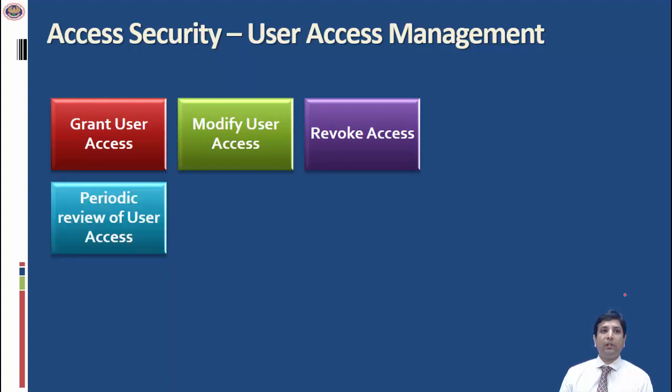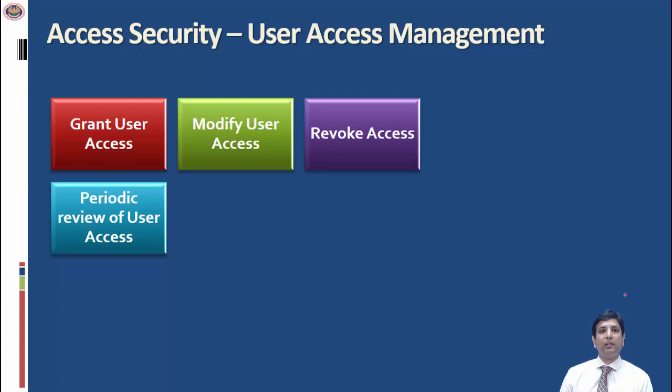Another important activity within user access management is the periodic review of user access. Periodic review involves taking a list of all the user access and their roles within the application, the operating system, and the database. That is basically all the layers of the IT environment, and looking at whether the user access is commensurate with the job responsibilities of that user.